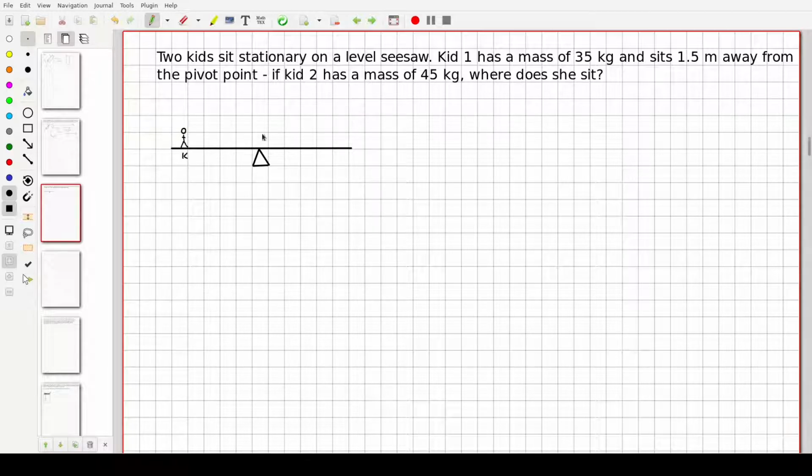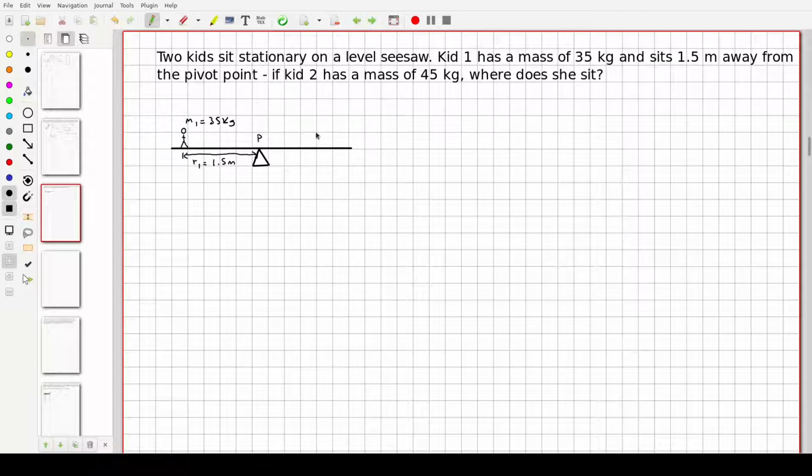And the distance that kid 1 is away from the pivot. This is the pivot point right here. This is what the seesaw can tilt around. The distance here, I'm going to call R1. And R1 is 1.5 meters. Now, the mass of the first kid is 35 kilograms.